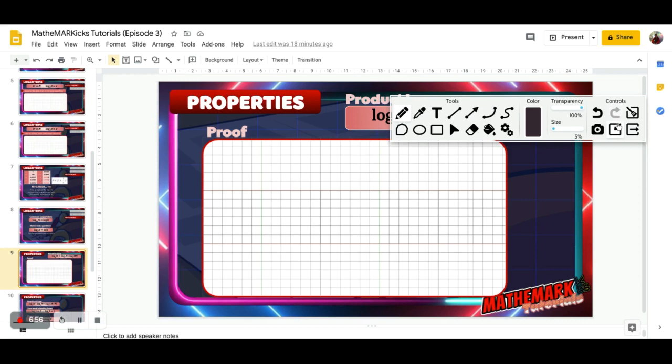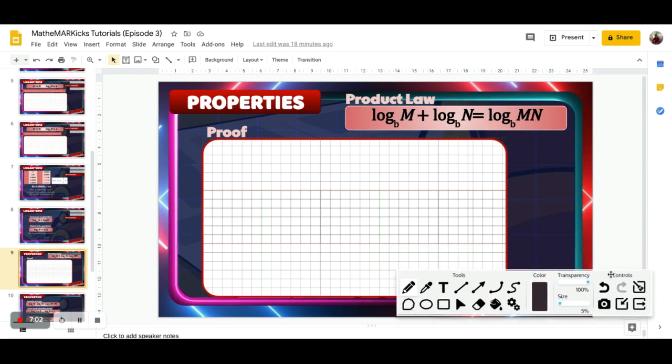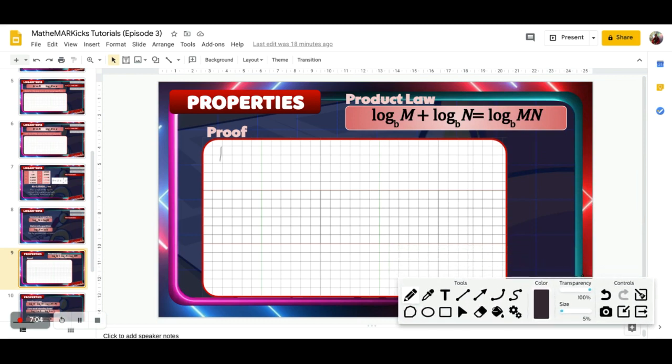So, we let the expressions log of m base b equals x, and log of n base b equals y.